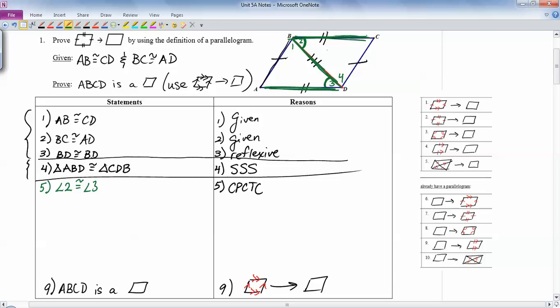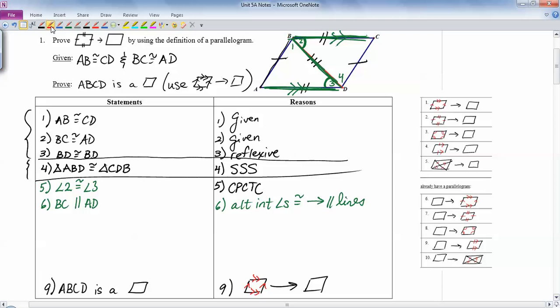So right now, I can say, since 2 and 3 are the same, that the top and the bottom are parallel to each other. So I can say BC is parallel to AD because alternate interior angles that are congruent give me parallel lines.